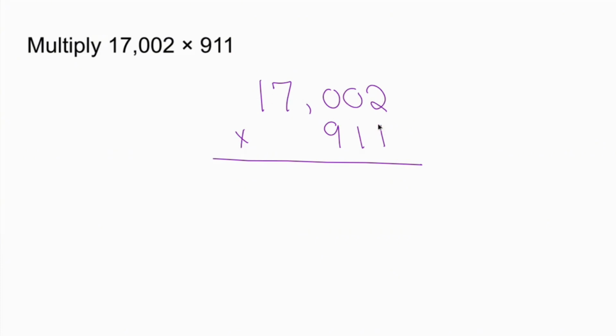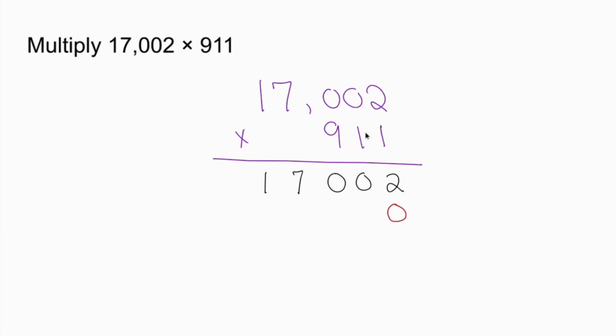Now these numbers are friendly. 1 times 2 is 2. 1 times 0 is 0. 1 times 0 is 0. 1 times 7 is 7. 1 times 1 is 1. Nothing crazy there. Now we move to our next place value on the bottom number. When we do that, you have to include a 0 all the way to the right before you begin.